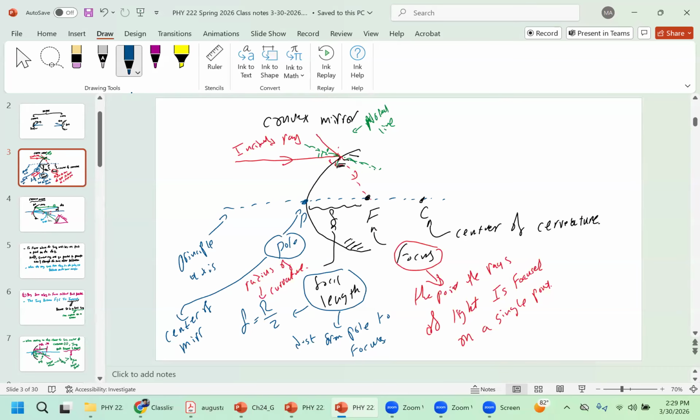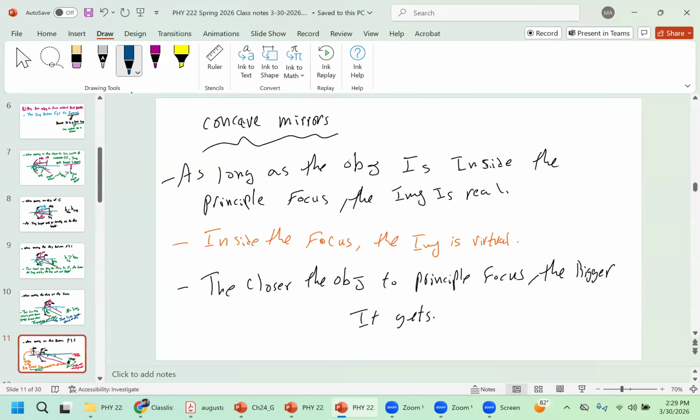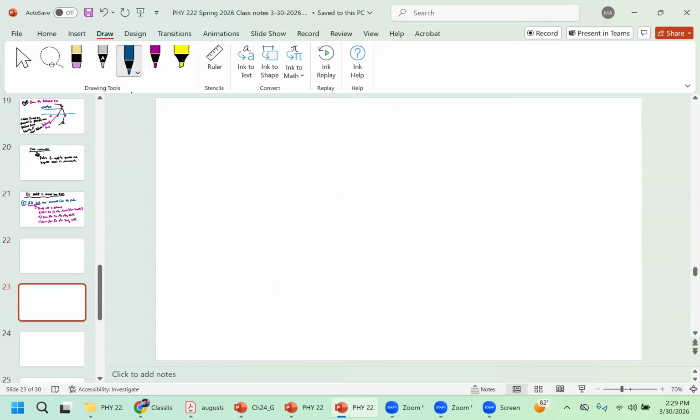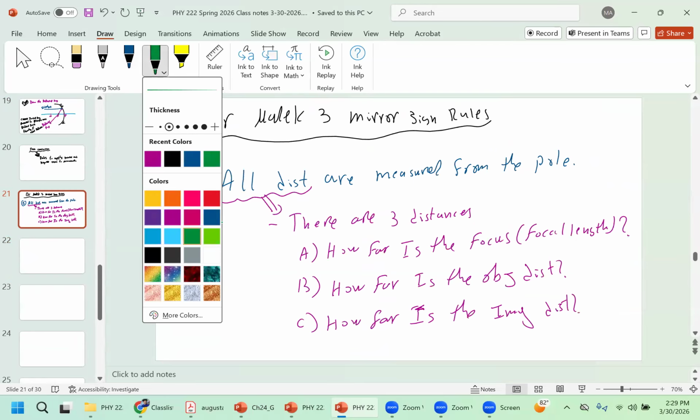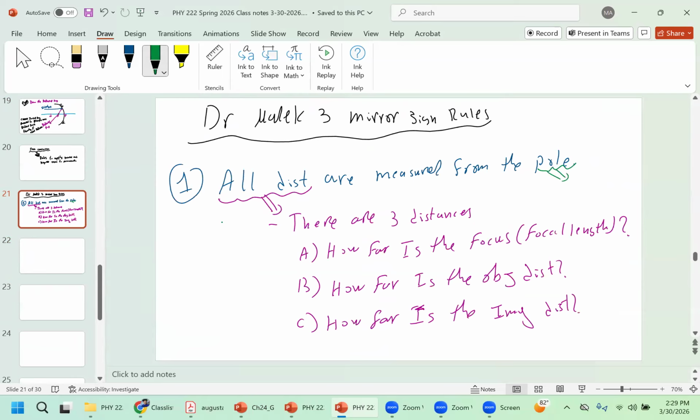So every time I talk about the pole, I'm talking about the center of the mirror. And that's where we take the distances from: the center of the mirror. Everybody with me so far?